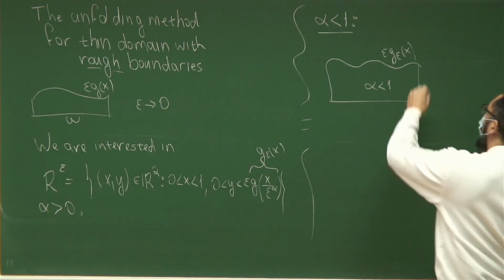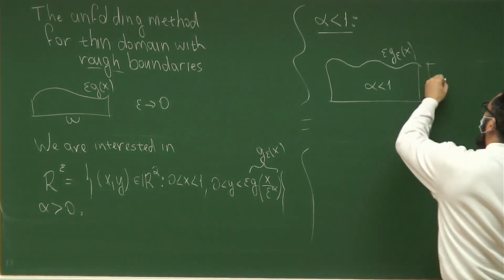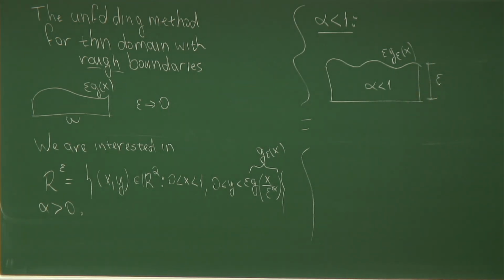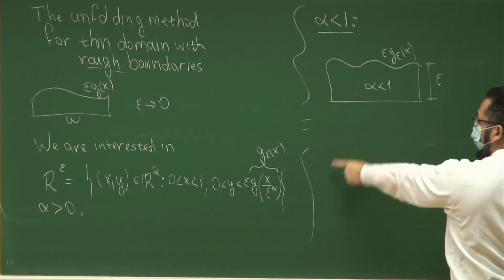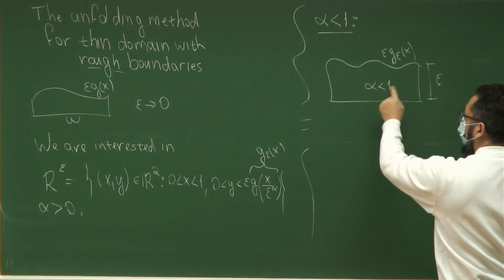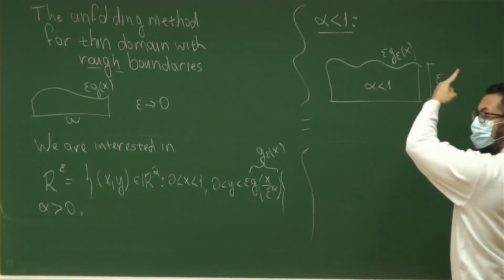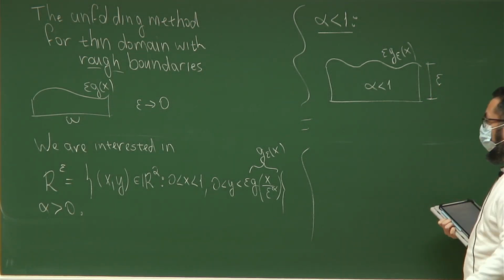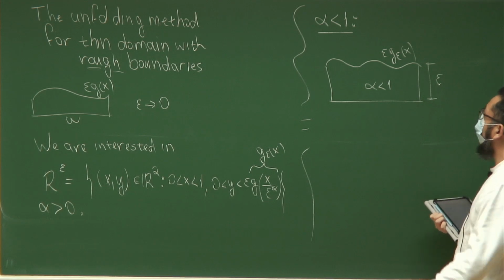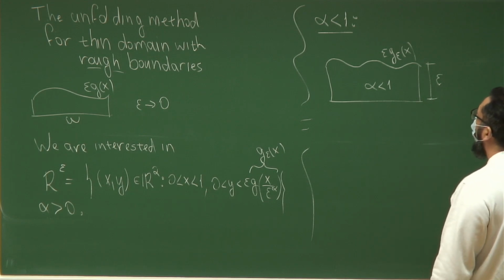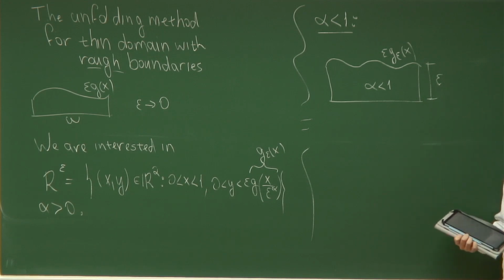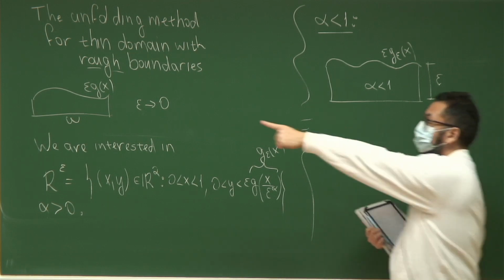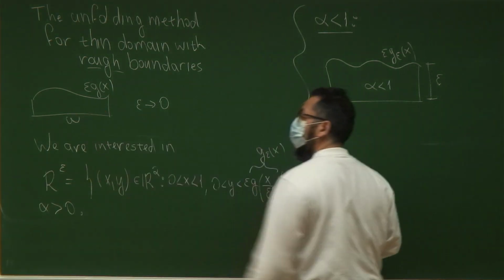So, and this is of order epsilon. So notice that when alpha is smaller than 1, it oscillates the upper boundary, but it's not wild. It's not a bad kind of perturbation. So it simplifies a lot of things, and it's almost like the standard thin domain case.